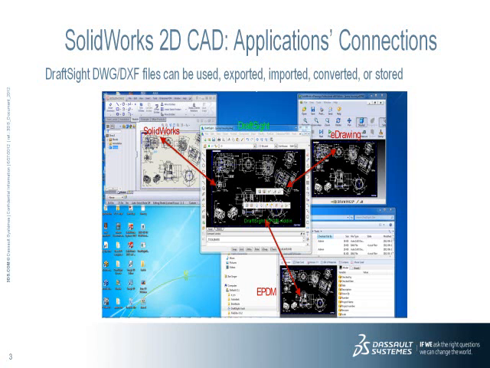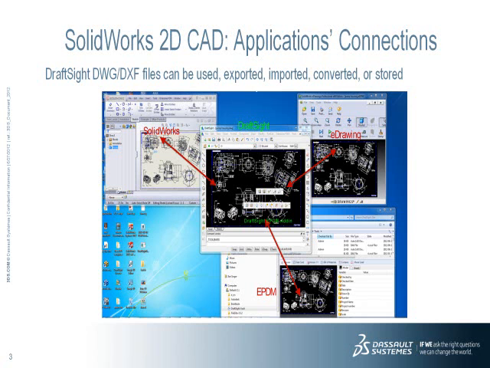So drawings in DraftSight can be converted and interchanged with SolidWorks, as well as inserted as elements into SolidWorks documents, part, drawing, and so on for the design.